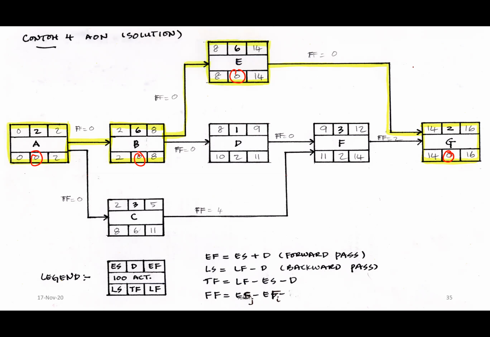Why? Because the total float is 0. The rest do have values. So that's how you fill up all the values within the box. At the end of the day, you will answer the overall project duration and the critical path, and subsequently you can know the impact of delay.